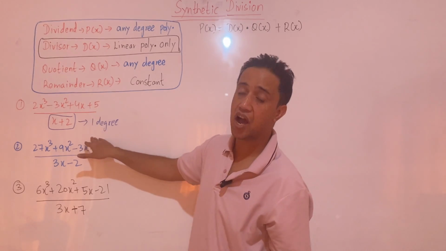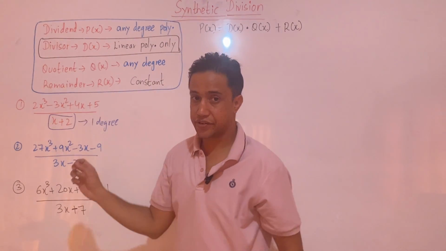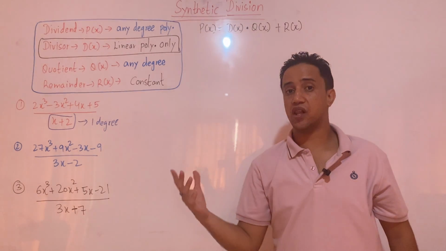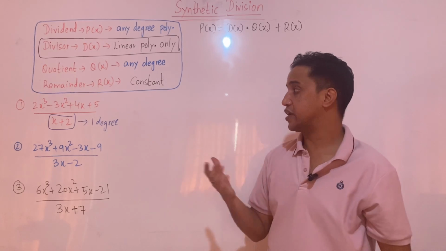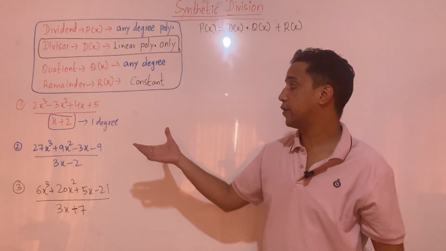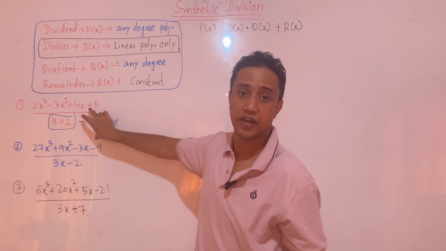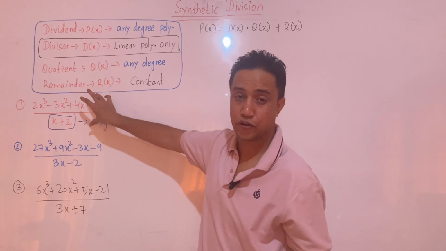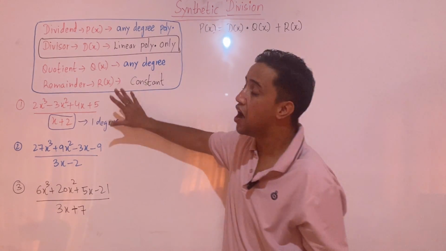This is the main condition. If the divisor has a polynomial of higher degree, like 2-degree, 3-degree, or 4-degree, then we cannot perform division of polynomials using the synthetic division method. So this is the main importance.